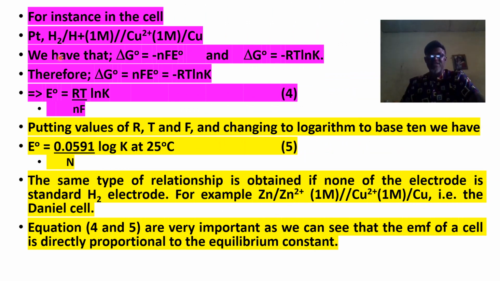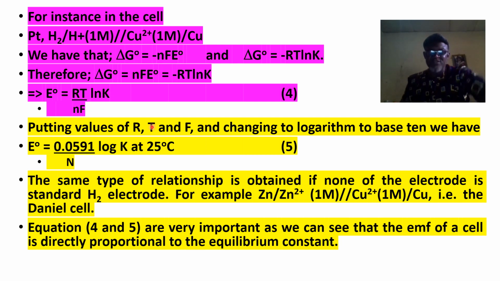Now let's give an example. If this is our cell between the hydrogen and copper half cells, we have that delta G naught is equal to minus nFE naught, and also delta G naught is equal to minus RT ln K. So we can equate the two, and when we make E naught the subject, we have equation 4: E naught equals RT ln K all over nF.